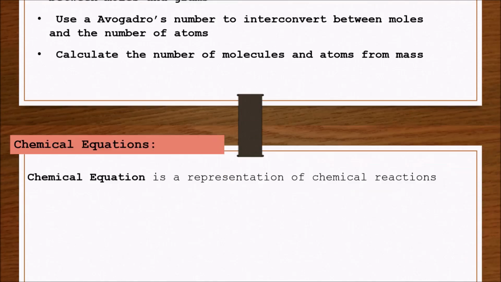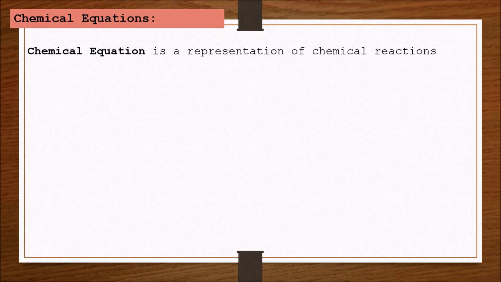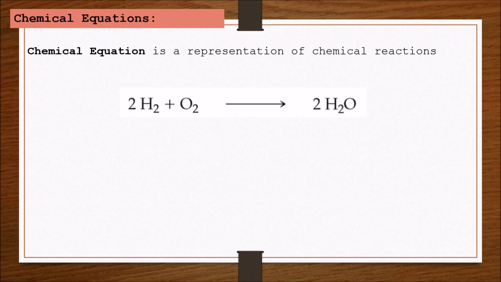So, basically, we represent chemical reactions using chemical equations. Take for example a certain chemical process. When hydrogen gas burns, it reacts with oxygen in the air to form water. And we write the chemical equation for this reaction as something like this.